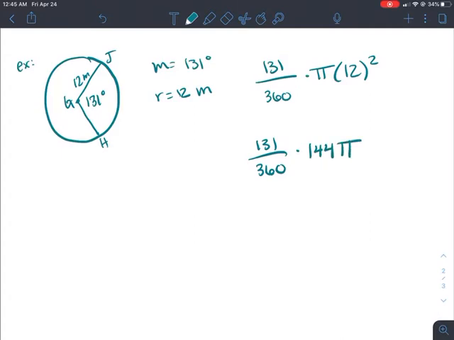So you do 131 times 144, and then you divide that by 360, and that gives you 52.4 pi, which you then plug into your calculator, and that gives you 164.54 meters squared. And that is how you find the area of a sector.